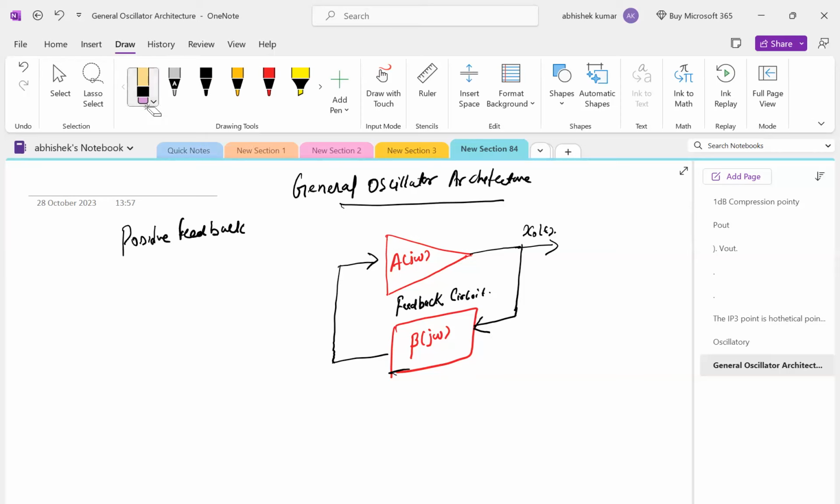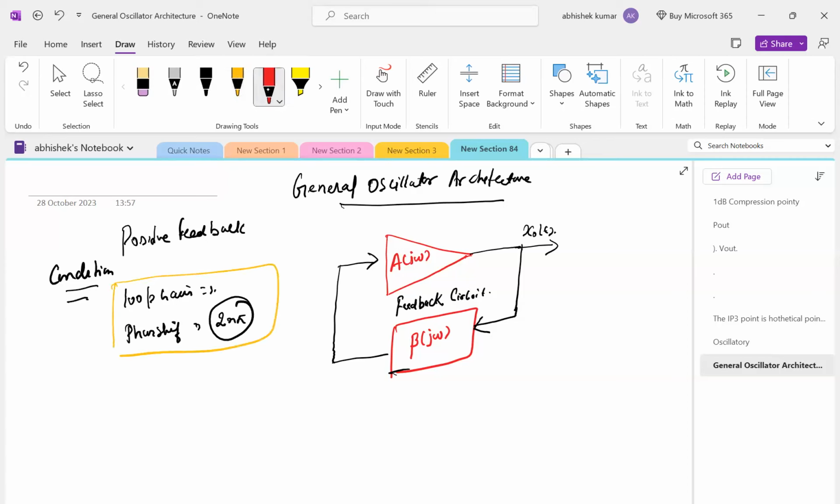The condition of positive feedback is that loop gain should be 1 and phase shift should be 2n pi. It can be 0 degrees or a multiple of 2 pi. Then we can say that oscillation can happen.